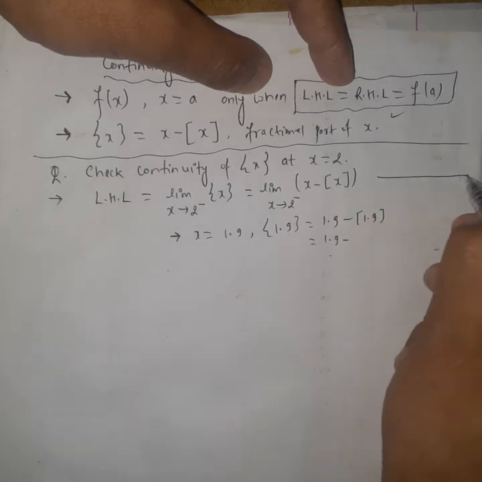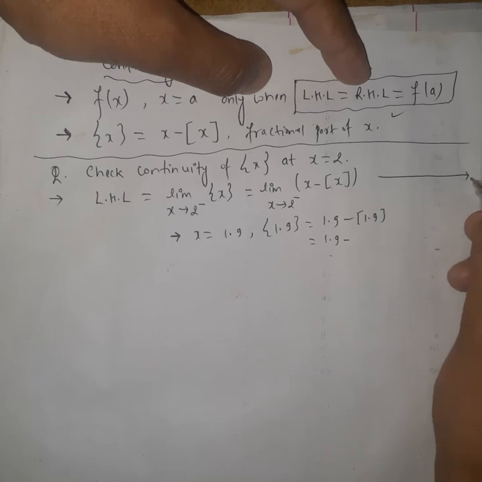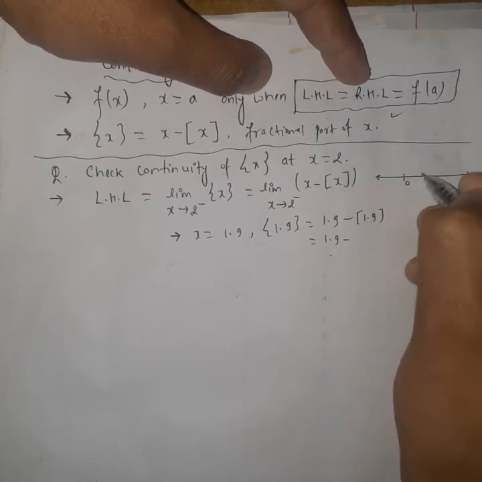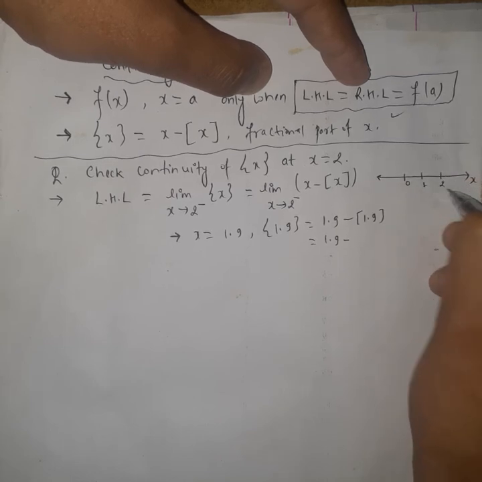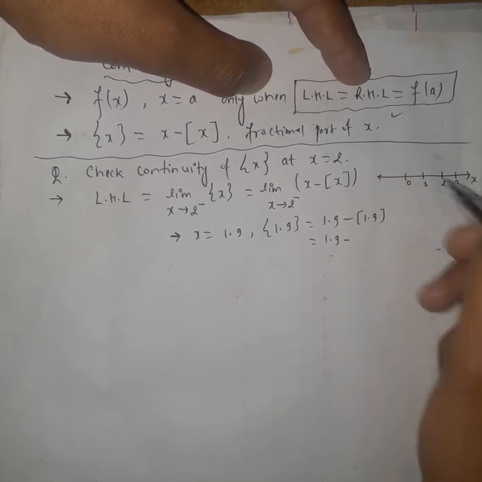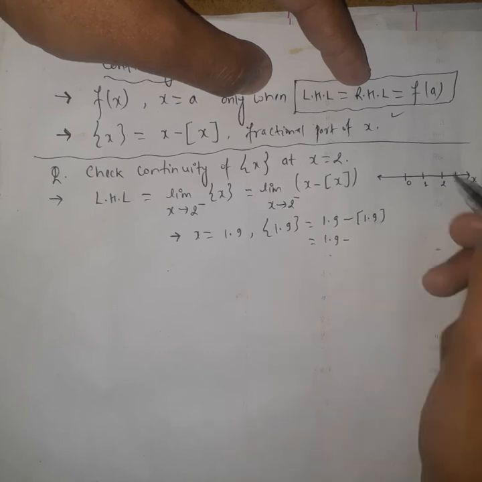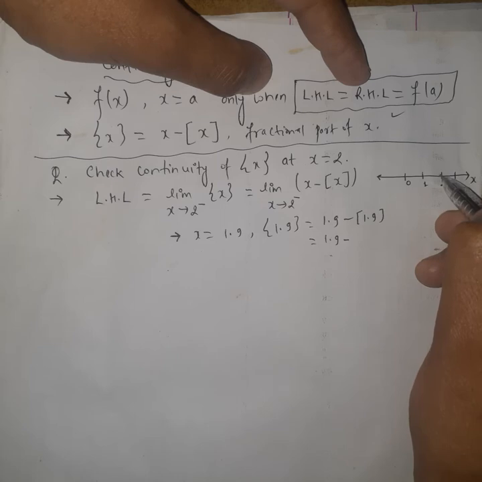Let's make a number line here. This is the value for x. Let's say this is 0, this is 1, this is 2, this is 3, and so on. Here the value of x is 1.9, which is nearly equal to 2.